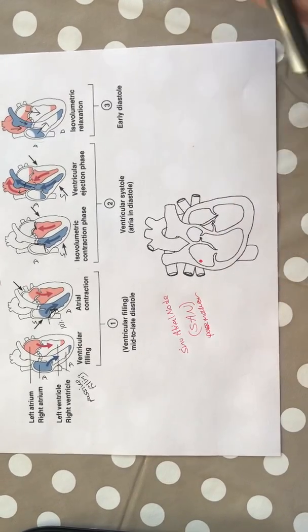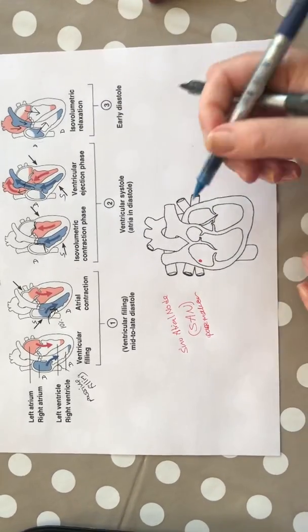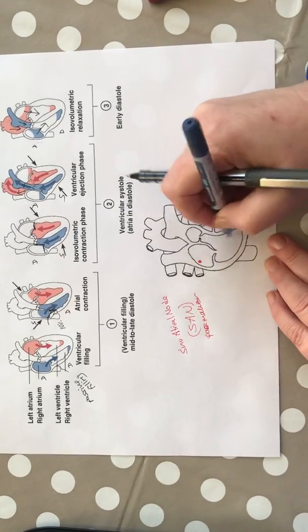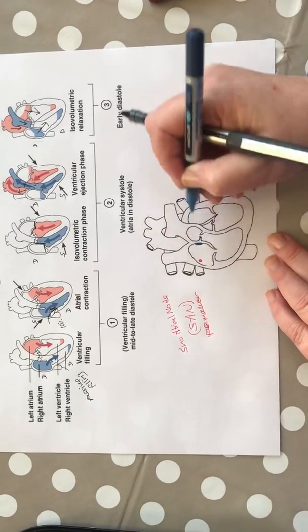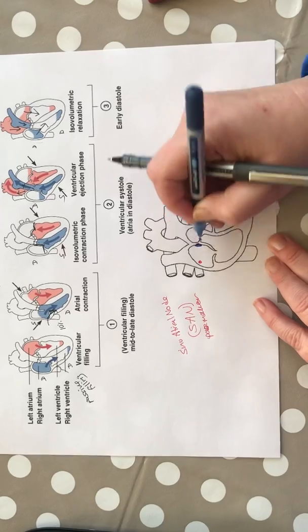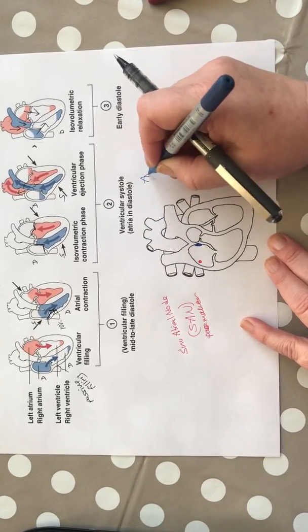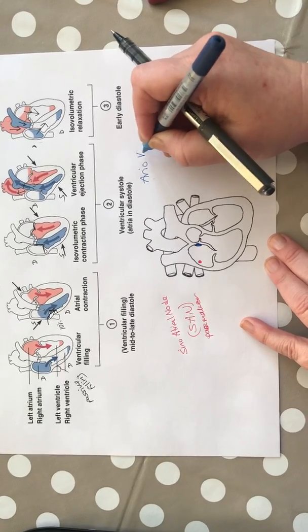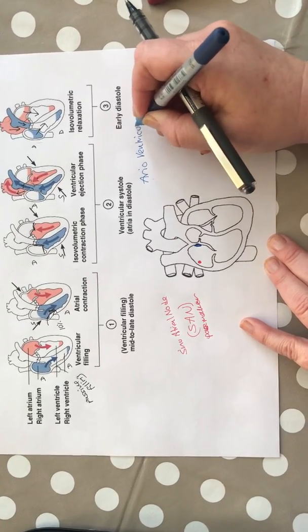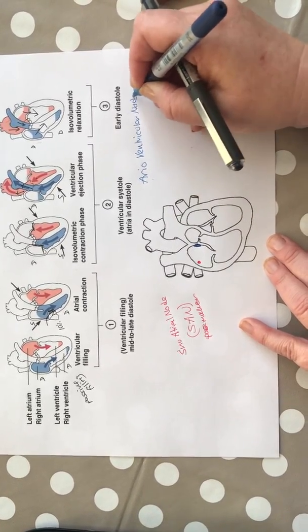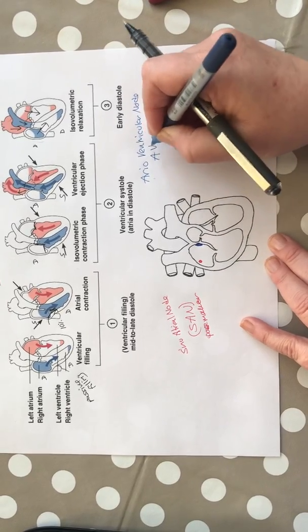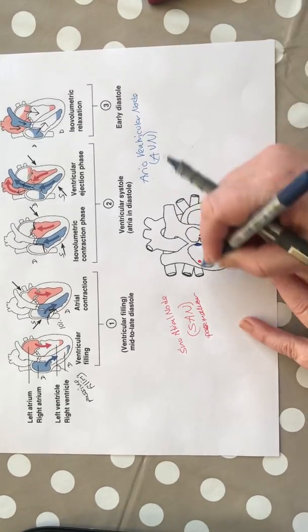We also need the atrioventricular node, which is again in the atria, but more towards the septum, around there. That is the atrioventricular node, or AVN. So you've got the AVN there.